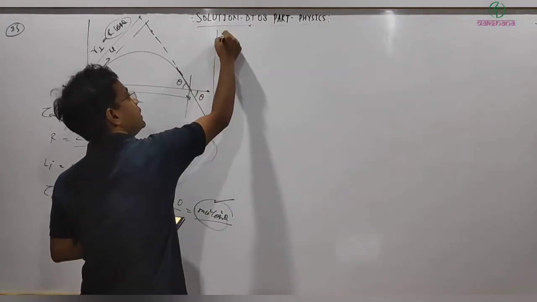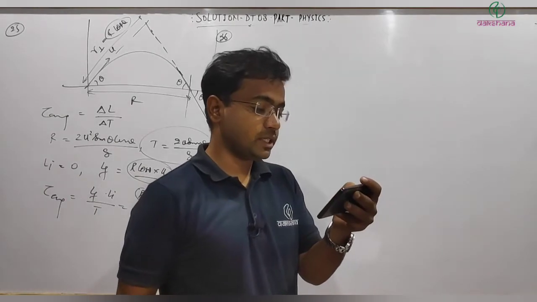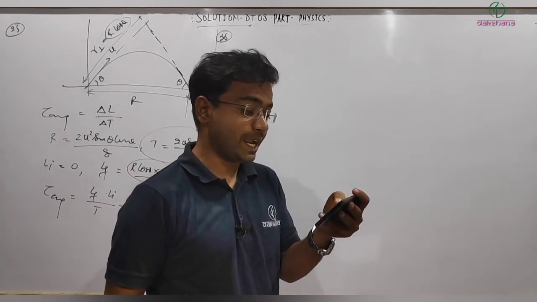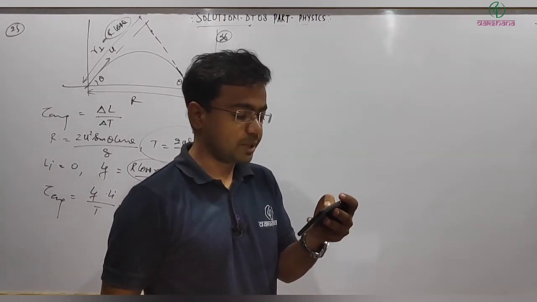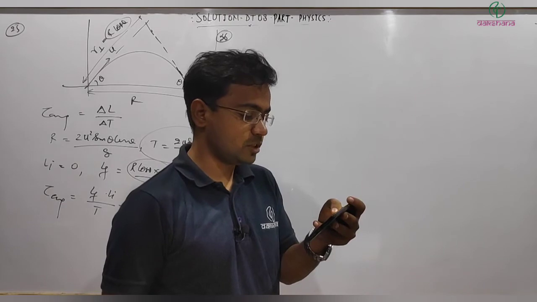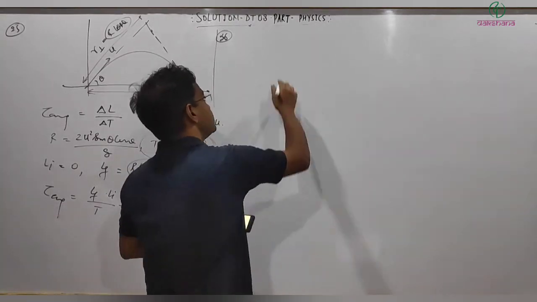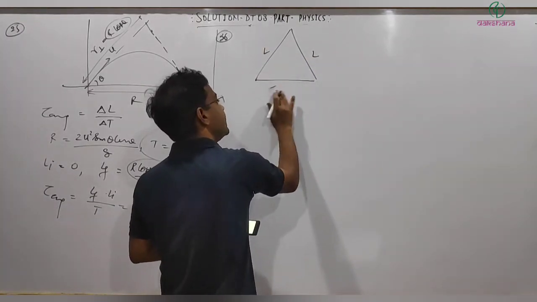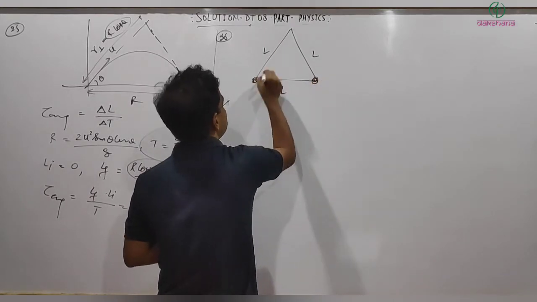Next question number 26. Three point sized bodies, each of mass m, are fixed at the corners of a light triangular frame of side length capital L. About an axis perpendicular to the plane of the frame and passing through the center of mass of the frame, the moment of inertia of the 3 bodies is. So here this is an equilateral triangular frame of side length L, and point masses are placed at its corners.